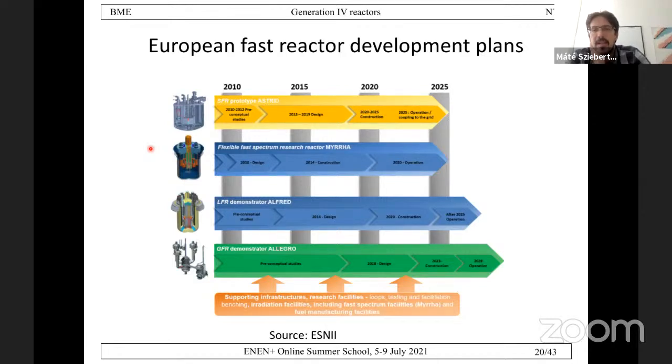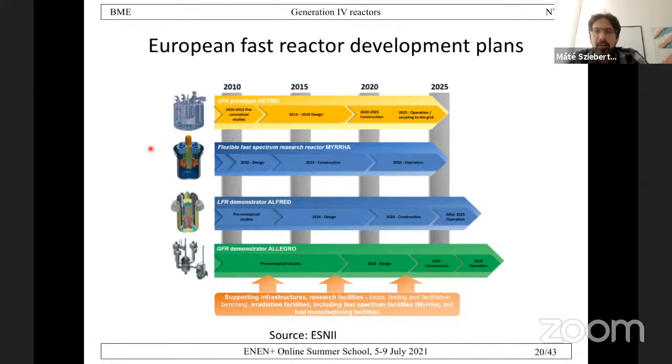The gas cooled fast reactor is rather in the demonstration phase, so much more research is needed for the gas cooled fast reactors. Then the very high temperature reactor is also very advanced, but the supercritical water and the molten salt reactor are much more behind in the development.